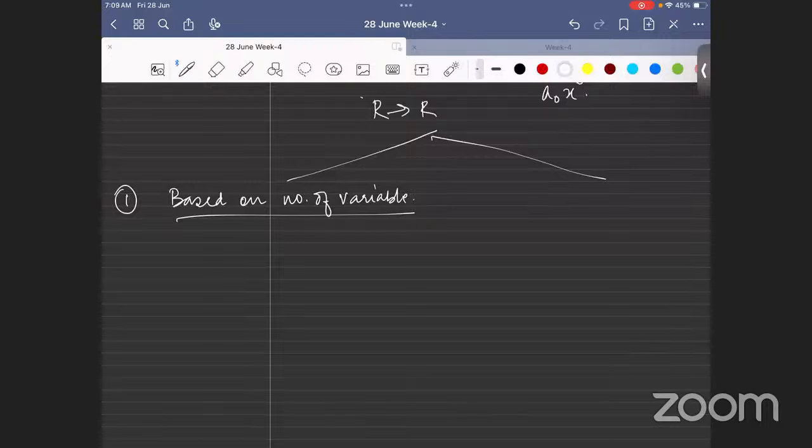If you have just one variable, it can be in the form of, for example, 5x square plus 2x. This is the one variable case, so you just have x as a variable, right?